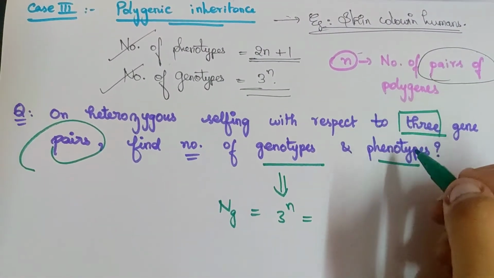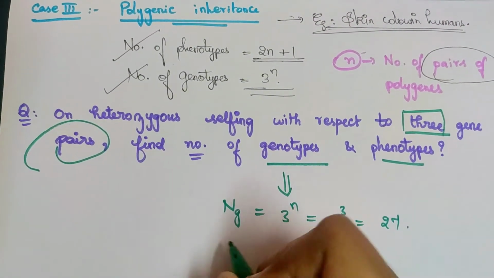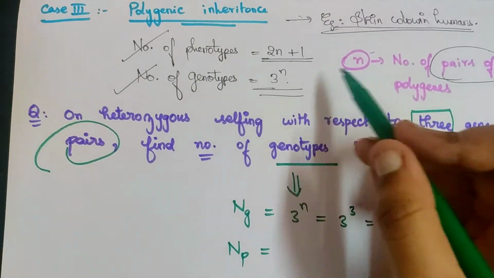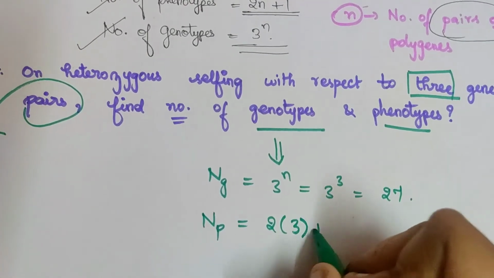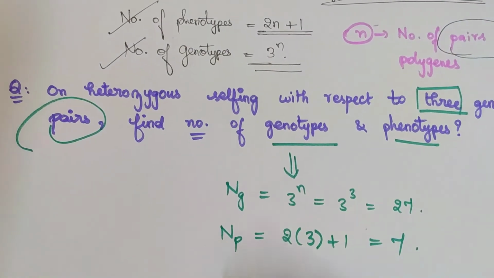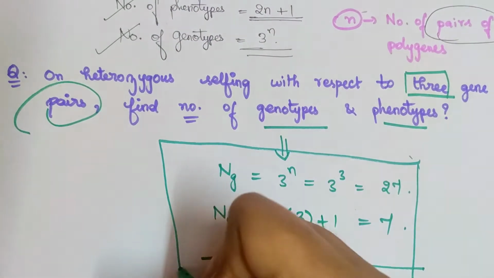N means number of pairs of polygenes, so 3. 3 power 3 is 27 genotypes. How many phenotypes? 2n plus 1, where n is 3. 2 into 3 plus 1, 7 phenotypes we get.